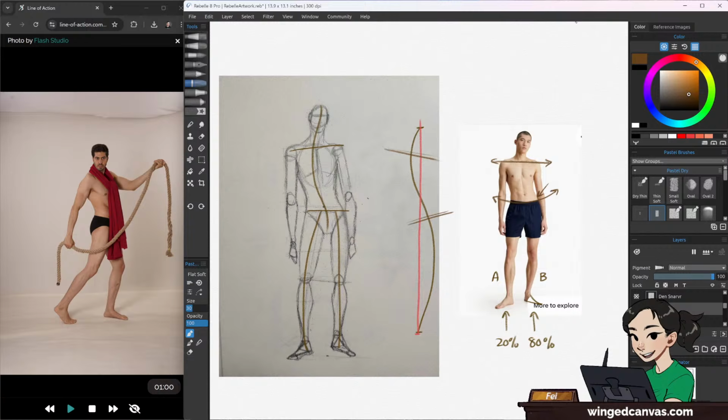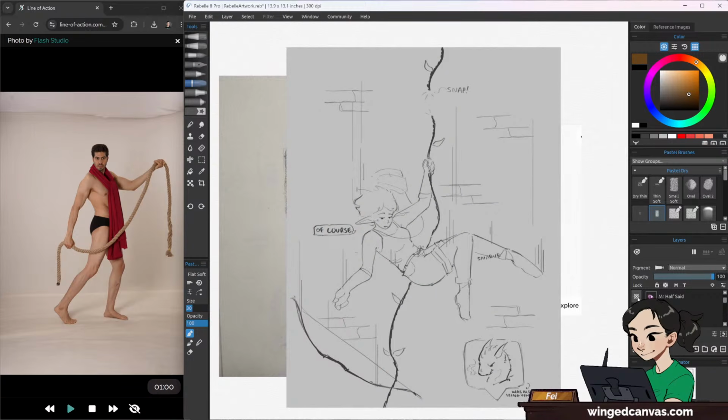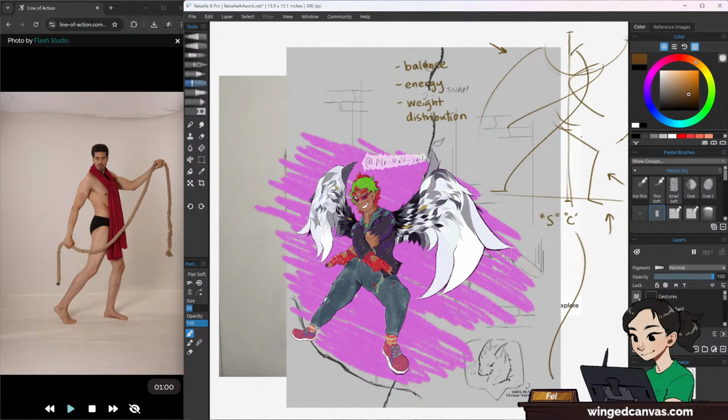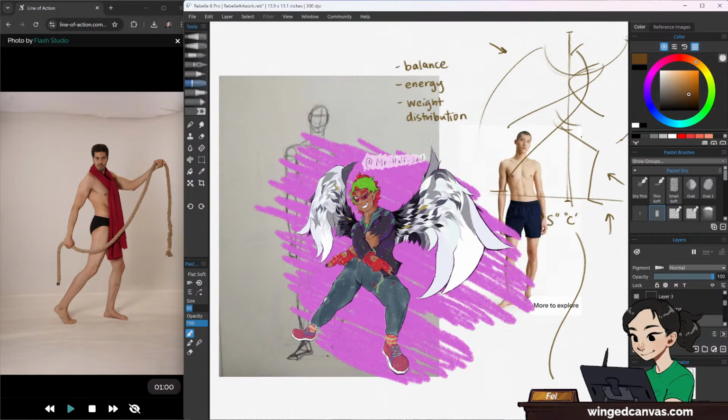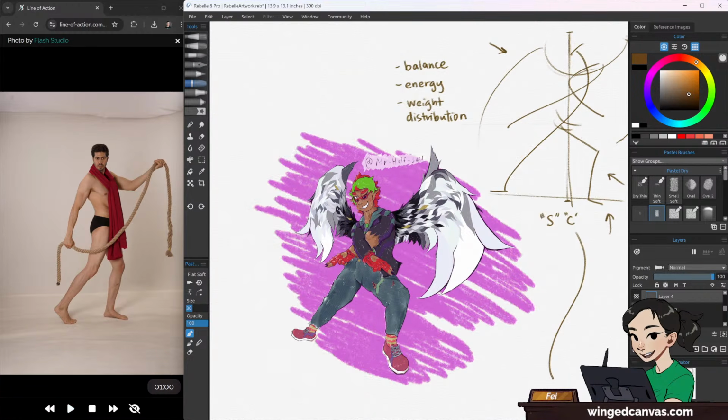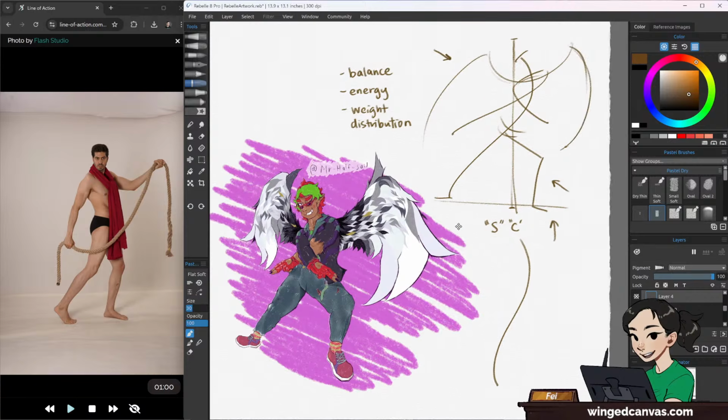Like, would a centaur have a different alignment? That's a good question. Yeah, so if I was drawing a fantasy creature, kind of going back to the first one I did with Mr. Halfset. Let me just turn off a bunch of stuff here. Yeah, like for this one, this one has wings. If you were drawing a centaur, animals have gestures as well, right?